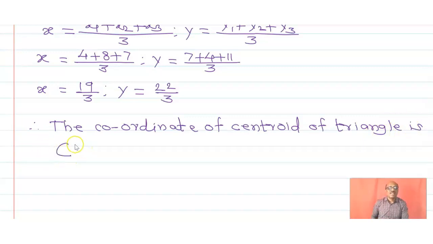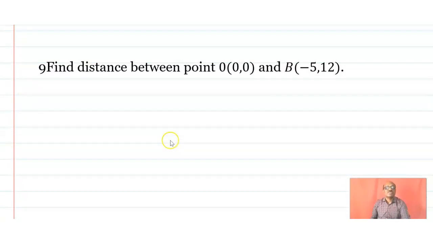It's 19 upon 3. 4 plus 8 that is 12. 12 plus 7 that is 19 upon 3 and 11 plus 11 that is 22 upon 3. Okay. Now the next question.